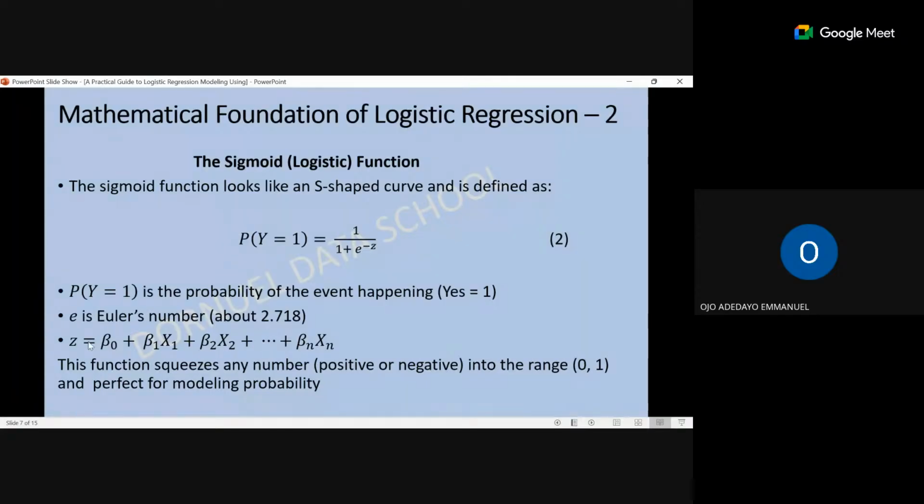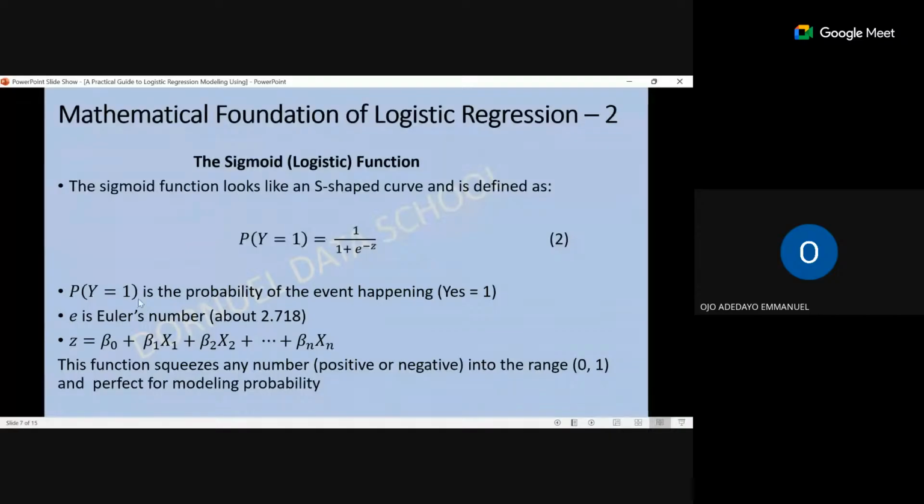If I take everything here, it's going to give me the value for z. Now taking the value of z into this equation is going to give you the probability that that person is going to pass the exam or not.